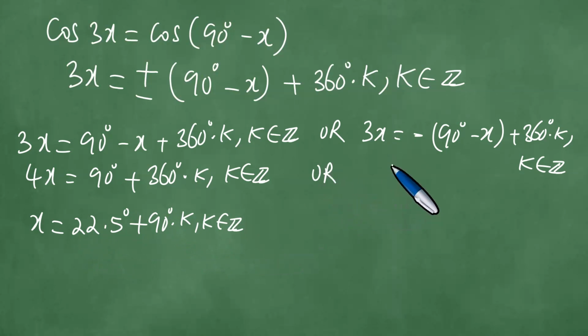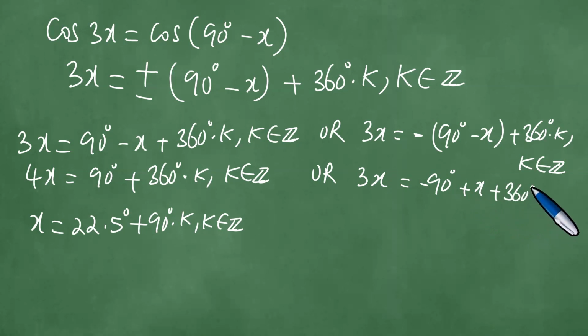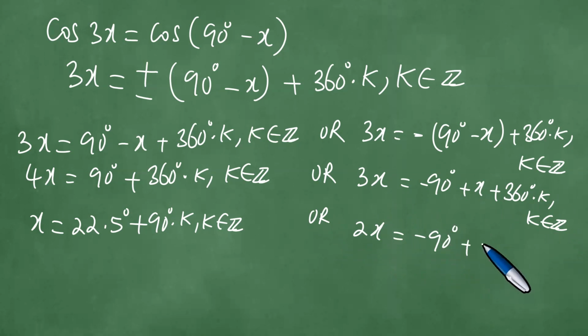For the other case, if you distribute the minus, you have minus 90 degrees plus x plus 360 degrees by k, k in z. Transposing the x to the other side gives us 2x equals minus 90 degrees plus 360 degrees by k, where k is an element of z.